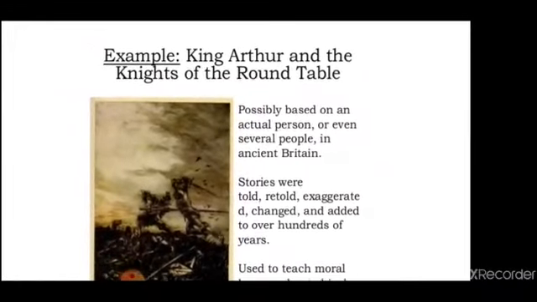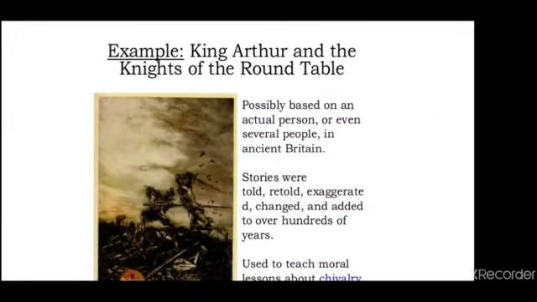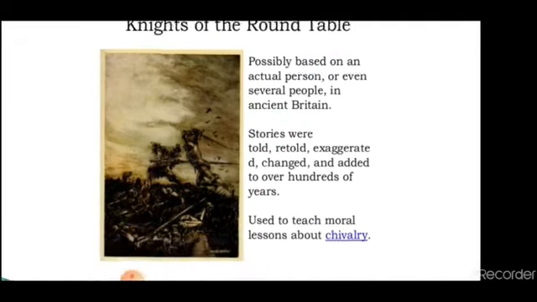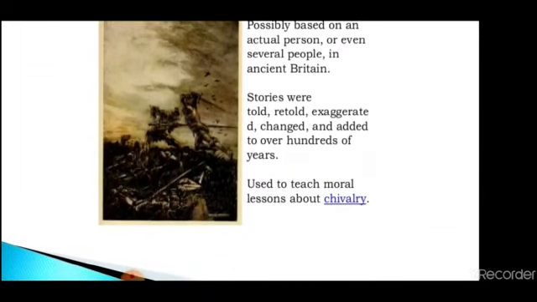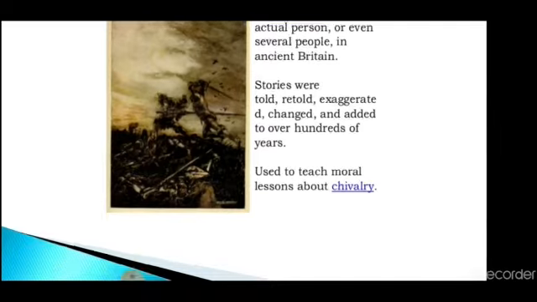Now, possibly based on an actual person or even several people in ancient Britain. Stories were told, retold, exaggerated, changed, and added to over hundreds of years, and used to teach moral lessons about chivalry. Now, what does it mean?